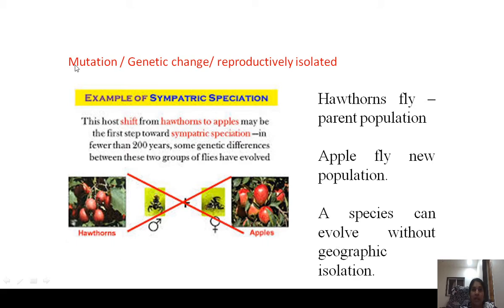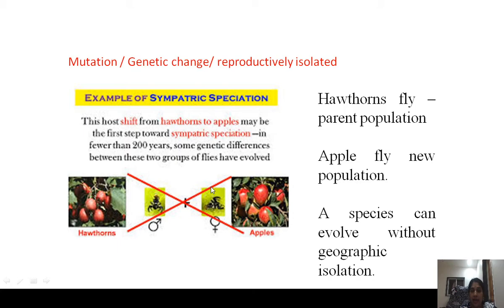Here the main driving force is mutation, or genetic change, though the populations live in the same geographic area but are reproductively isolated. So here the examples of sympatric speciation are the hawthorn fly and the apple fly.